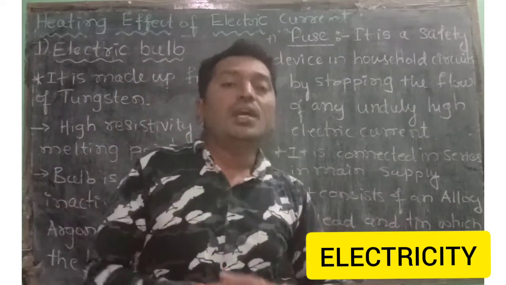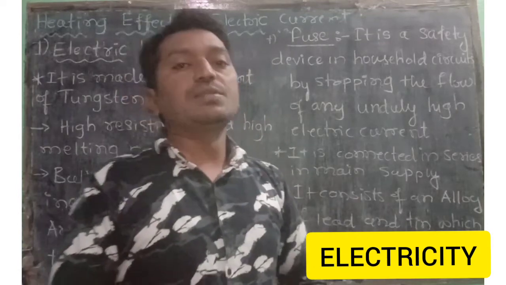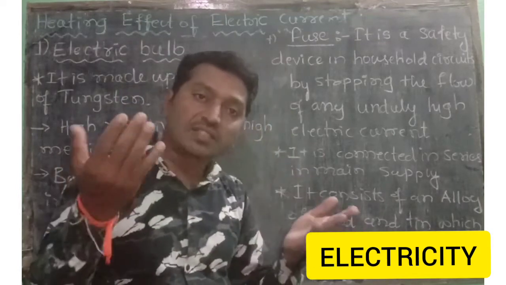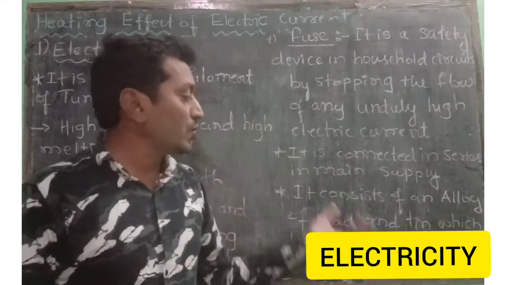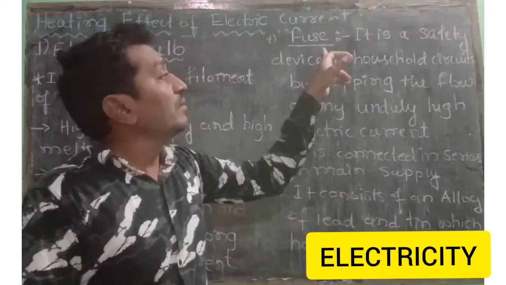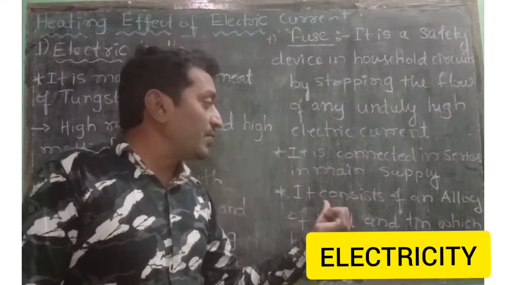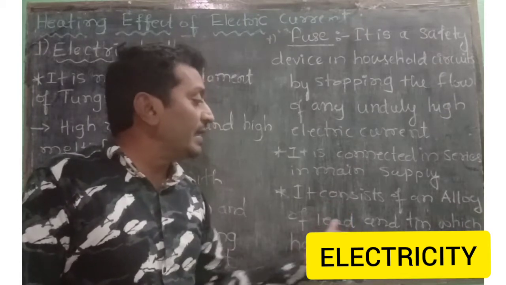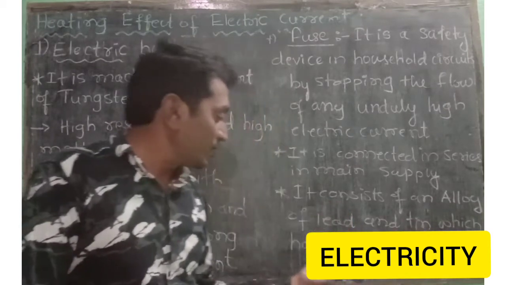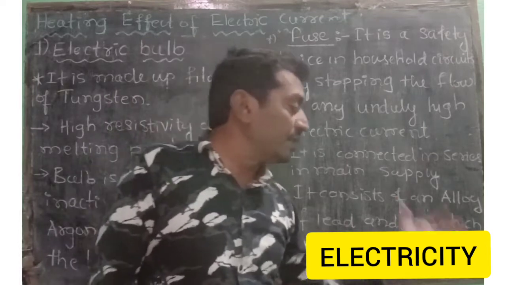It consists of an alloy. What is an alloy? An alloy is a homogeneous mixture of two or more metals or non-metals. So the fuse consists of an alloy of lead and tin, which has an appropriate melting point.